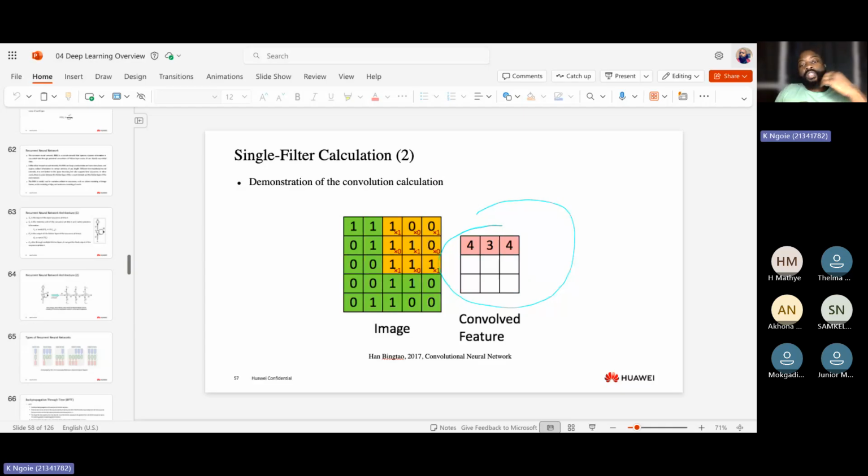All right, so guys, do you remember the components, the structure of a CNN? What do we have in a CNN?